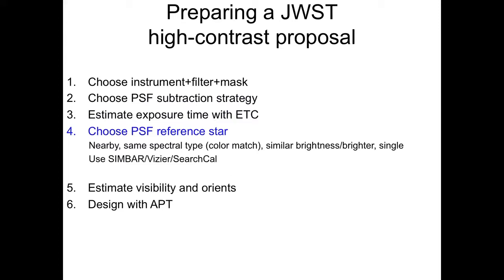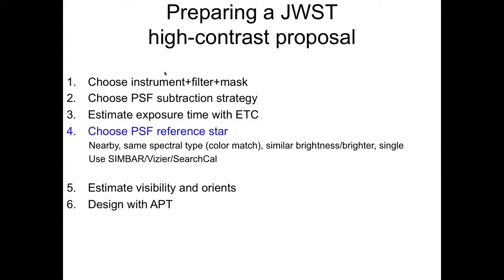So we may not need to use a reference star if there's already a good match in that library. This is not true for cycle 1 because obviously at cycle 1 there won't be any library. For the future cycles, it's not clear yet. It will depend on the diversity in the library, and I guess it would be recommended to obtain a PSF anyway, just for the purpose of building up the library. Yeah. Okay.